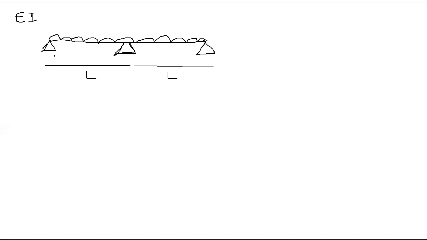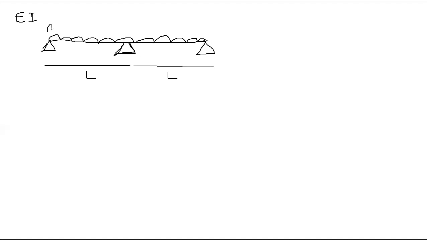We know that the bending moment at a pin or roller end is 0, right? So if you consider M1, that's 0. If you consider M3, that's 0, but M2 is there.